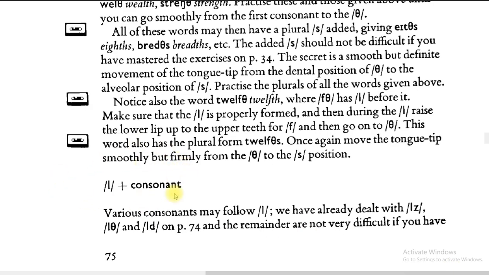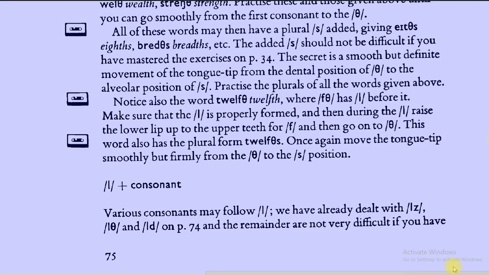Moving to the next topic, L sound plus consonant. We have the L sound, which is lateral, plus a consonant. Let us see what examples are provided here. So this L sound might be followed by a number of consonants.